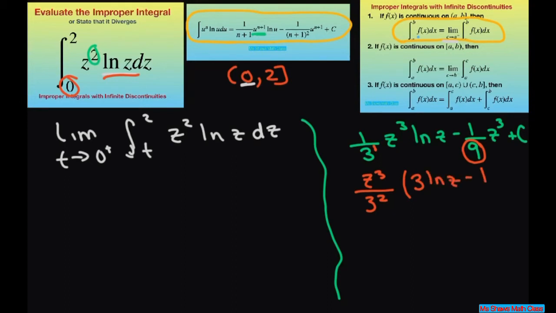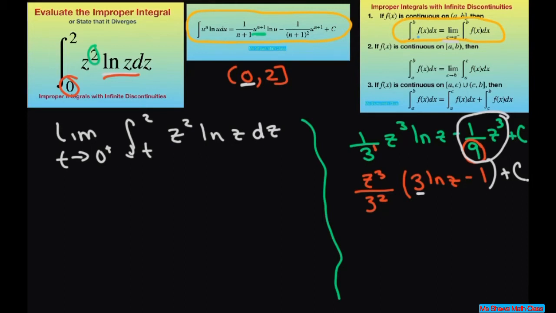So basically we factored out this, and I have to include this 3 because this was only 3 to the first power. And then you'd put the plus c. So that's the integration of that. It's a lot easier than doing integration by parts.